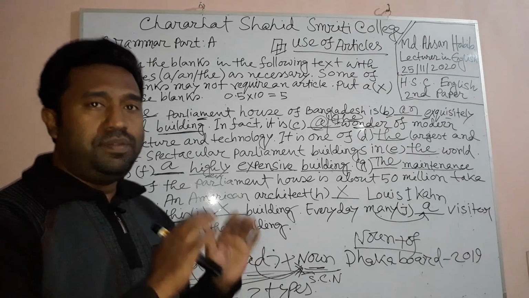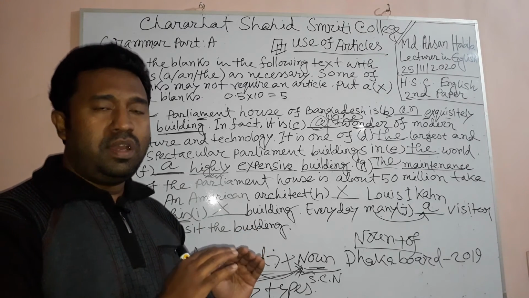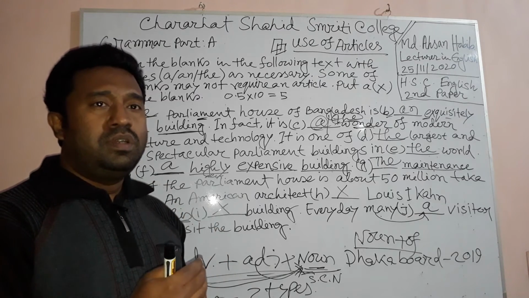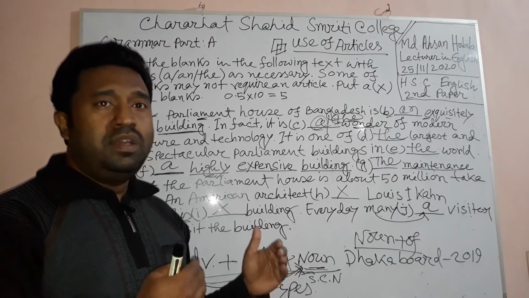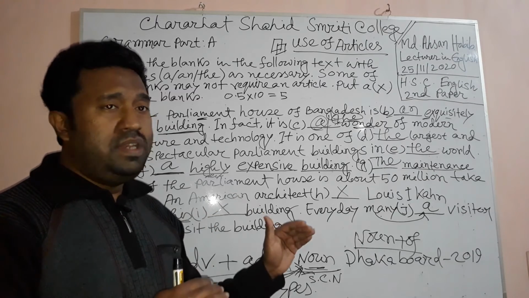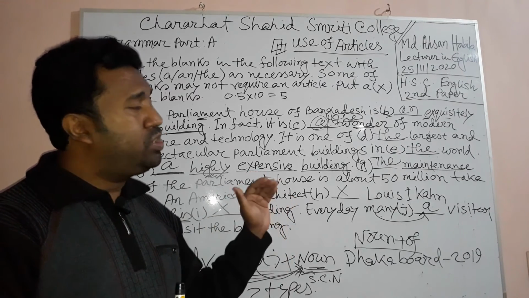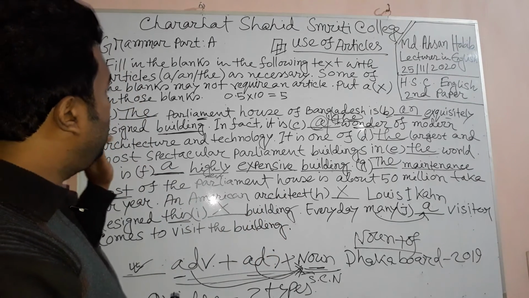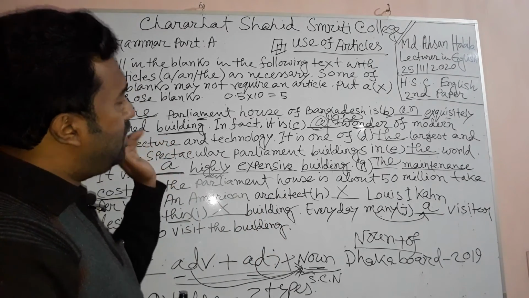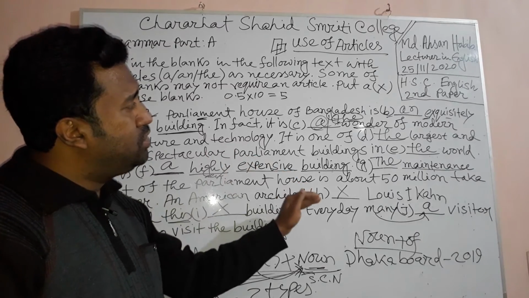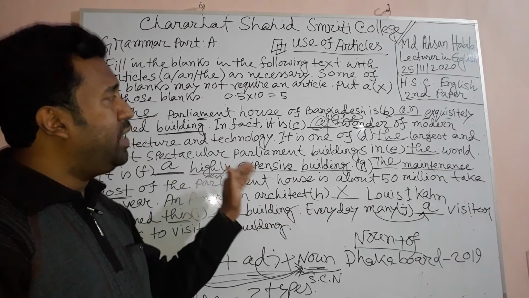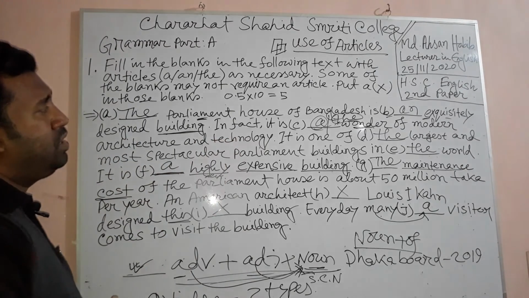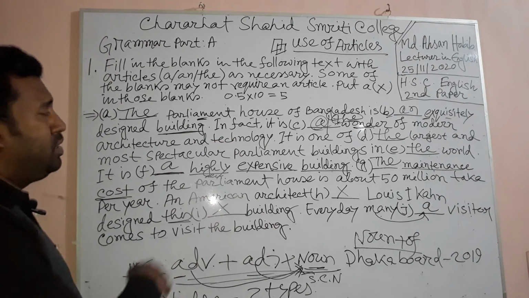One is definite and another one is indefinite. Indefinite means a or an, that is not definite and you are not sure which one. So when you do not have the definite thing, you can put there a or an, and when you find it a definite one, you can put there the.